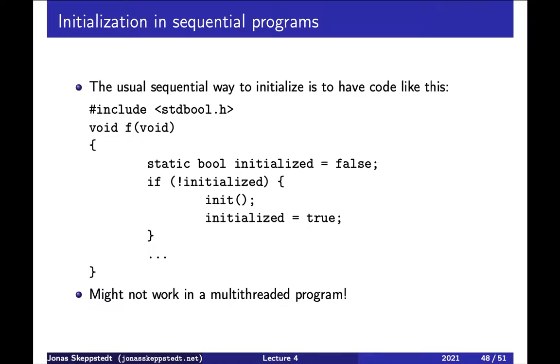I mean, it could, but it's just by chance. Why? Well, checking this initialized flag and changing it must be an atomic operation. So we cannot do it like this.